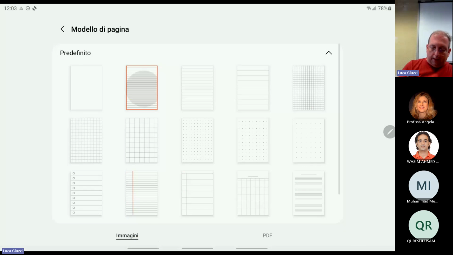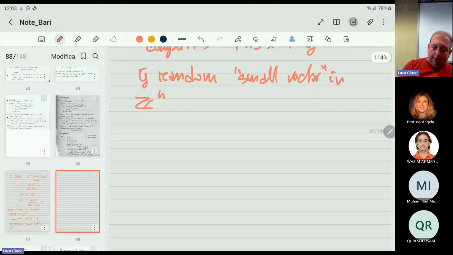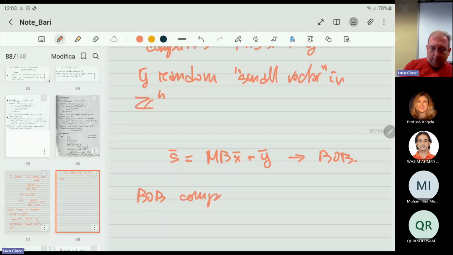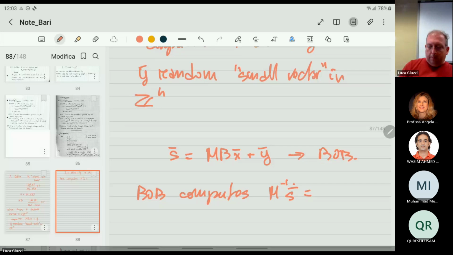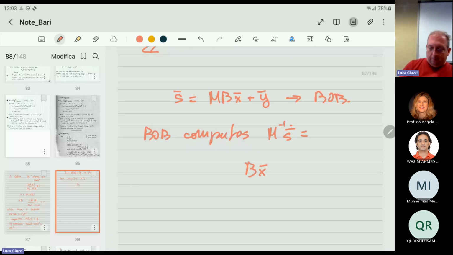So this is what Alice is doing. And then she sends s equals M B x plus y to Bob. Bob knows M, so Bob computes M minus 1 s, which is B x plus M minus 1 y.